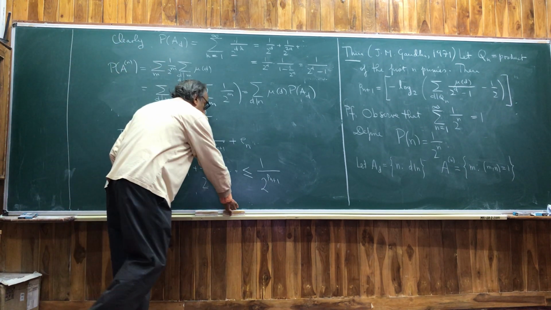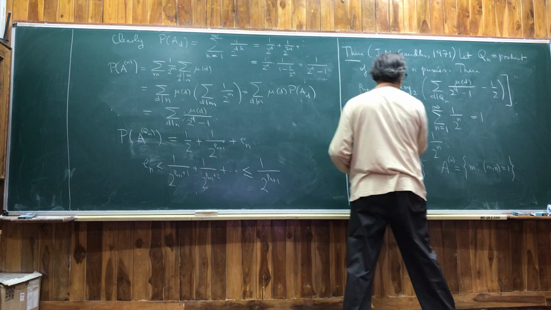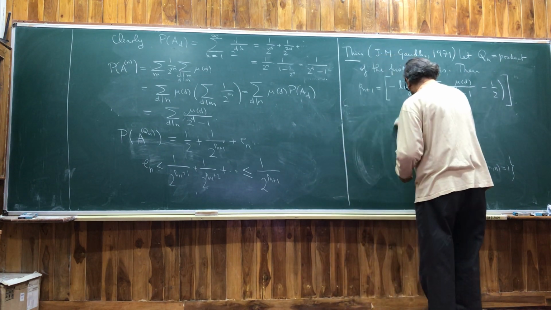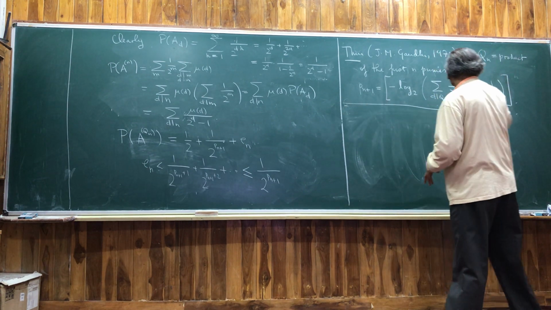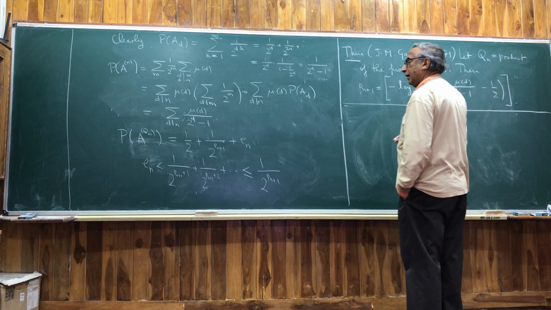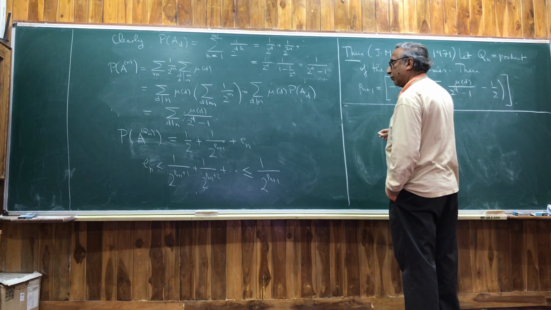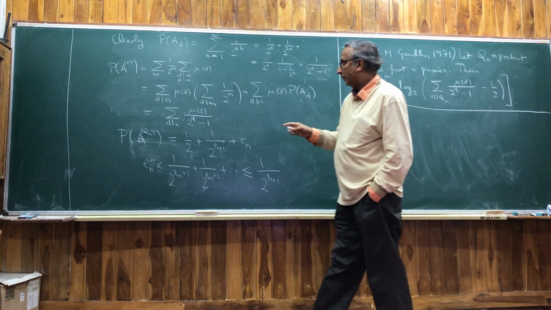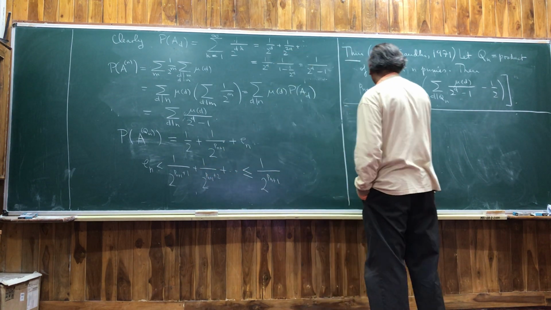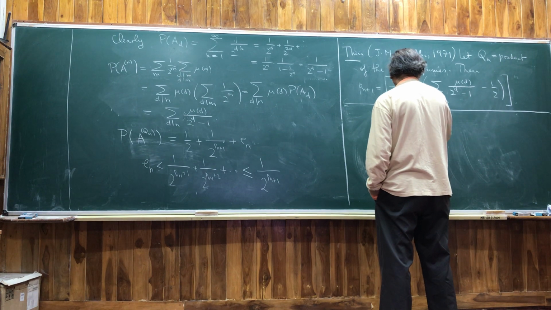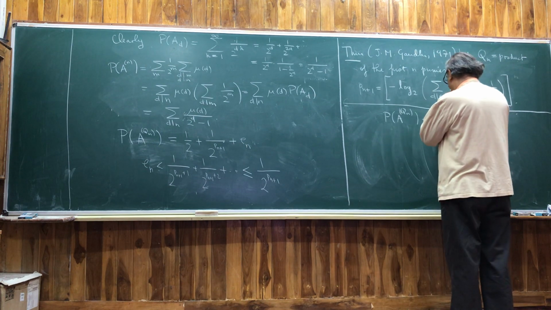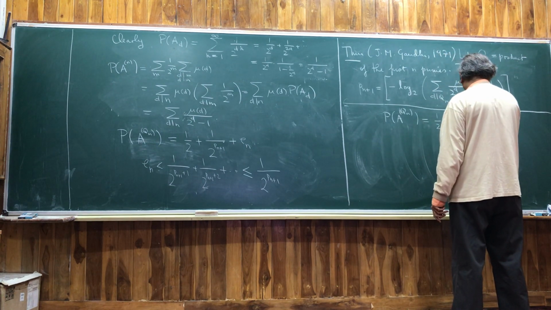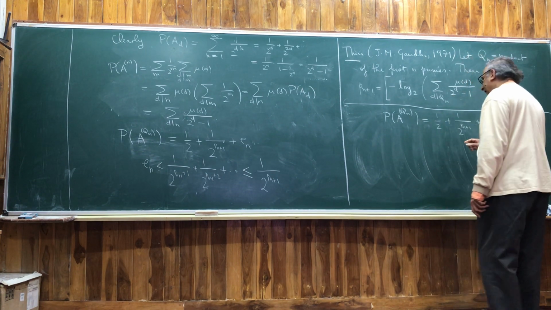Therefore, what do we have? Thus we have this probability. On one hand, we have this fact: P of A sub Q sub n equals 1/2 plus 1 over 2 to the p sub n plus 1 plus e sub n.